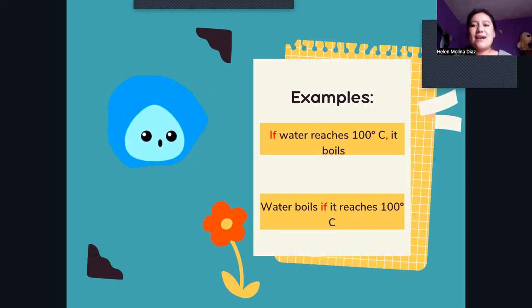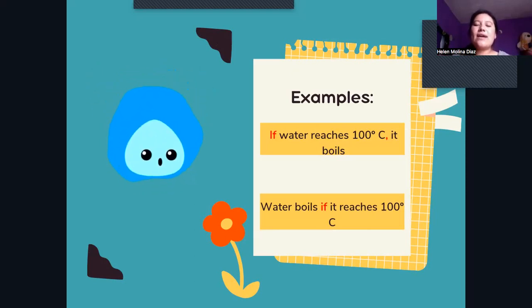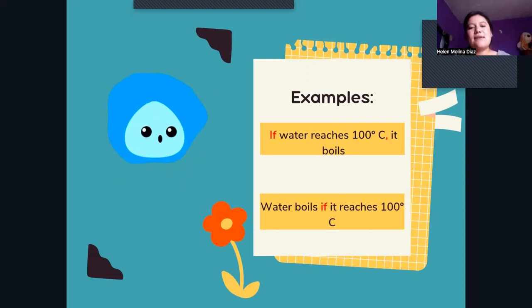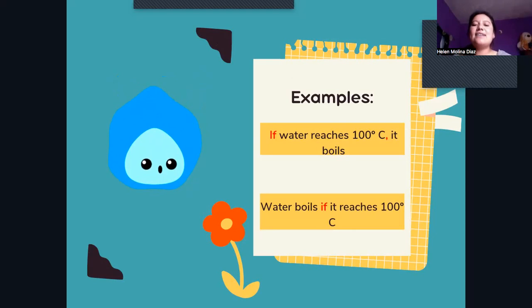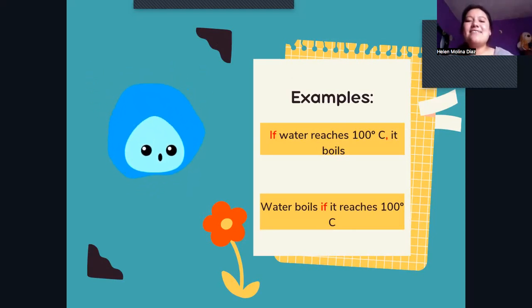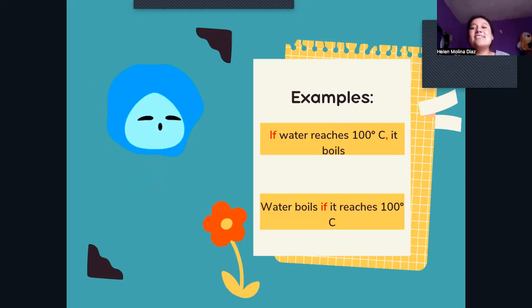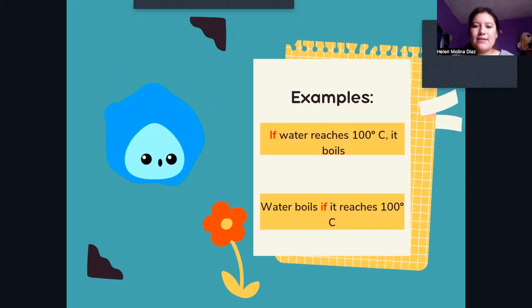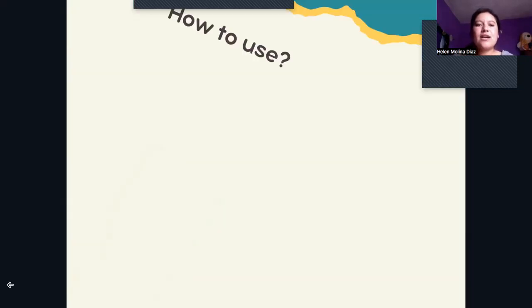The meaning is the same, but the structure is different. Water is the subject, boils is the present simple, and if is the condition, and it reaches 100 degrees is the present simple.